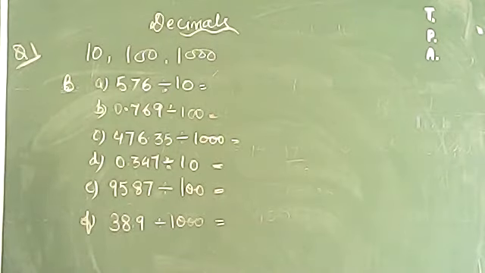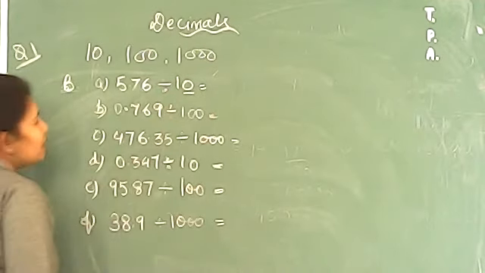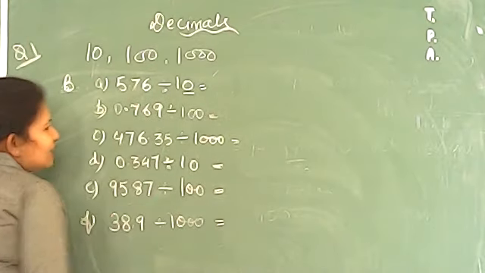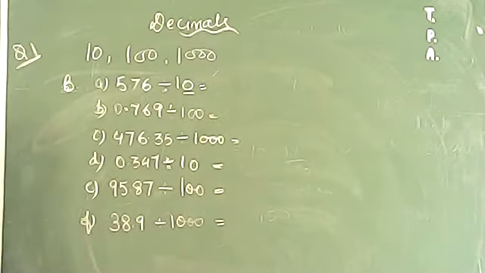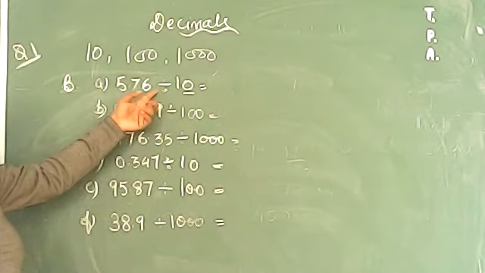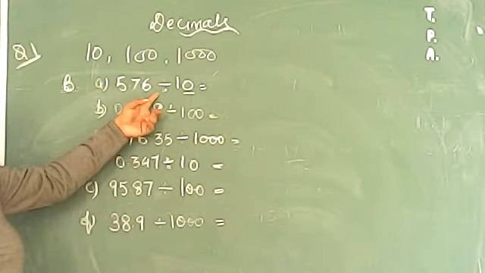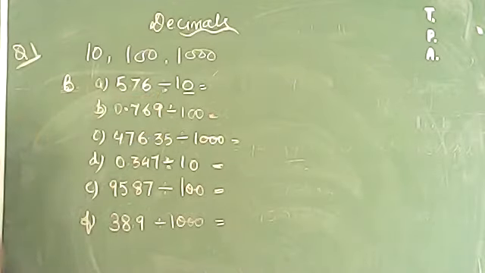You just need to take care of the number of zeros which is there along with 1. For example, in question number 1, you have only 1 0 along with 1, and you have this division sign. It means decimal to shift होगा बेटा, हाँ, लेकिन decimal कितनी places shift होगा? Only 1 place shift होगा. और कहाँ shift होगा? To the left hand side. पहले हमने राइट हैंड साइड किया था, इस बार लेफ्ट हैंड साइड करेंगे बिकॉज यहाँ पर मल्टीप्लिकेशन की जगह क्या आ गया? डिवीजन. So you will be shifting the decimal.